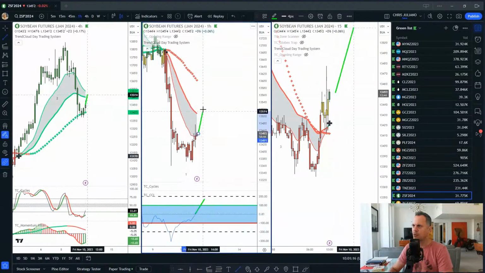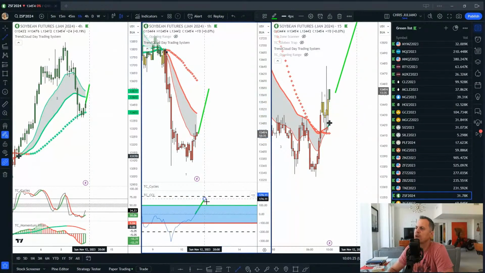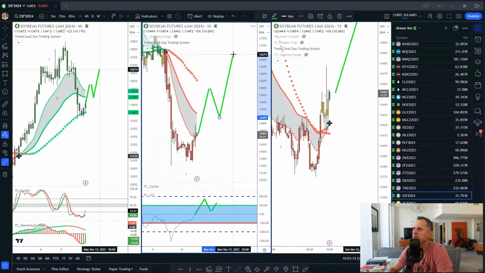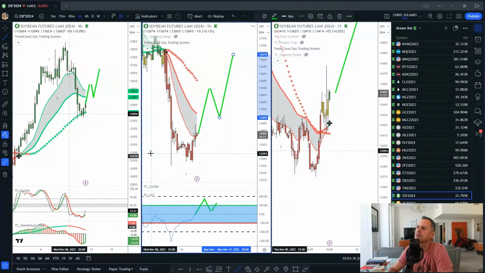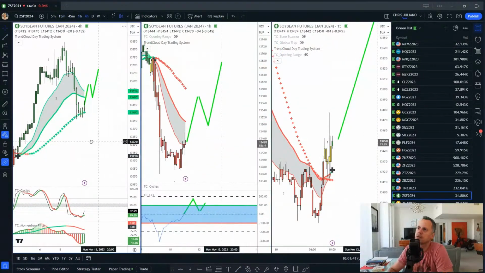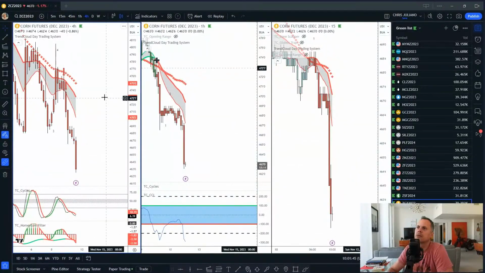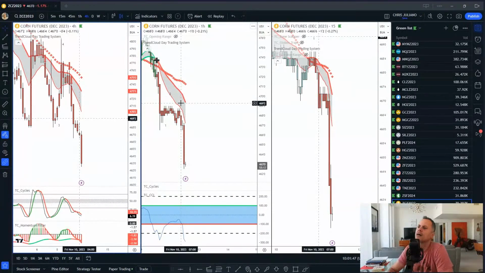We need more of a move up for this to break above positive 100 so that we can take the pullback and then the move up. Then we can take that, right? So soybeans, nothing. Corn, aha.